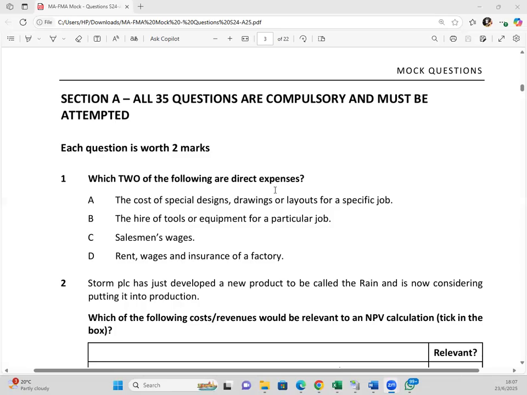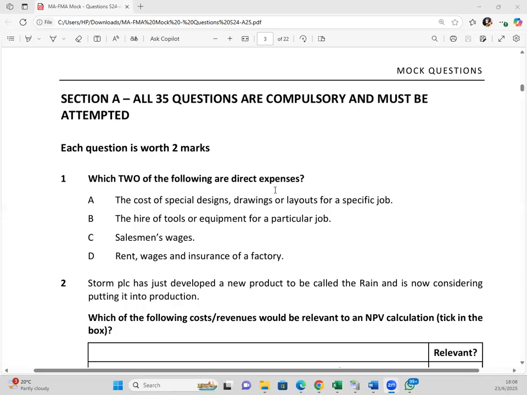Which of the following are classified as direct expenses? Number one, a cost of special designs, drawings, or layouts for a specific job.